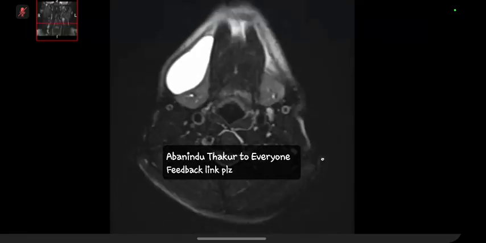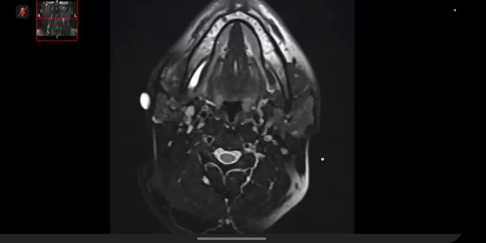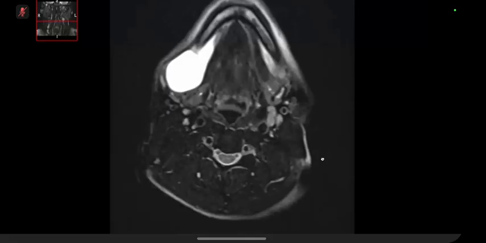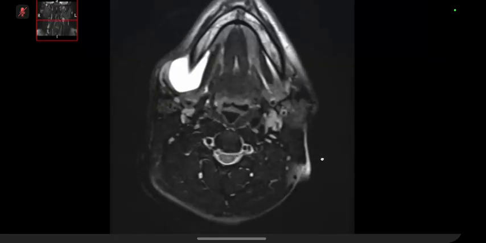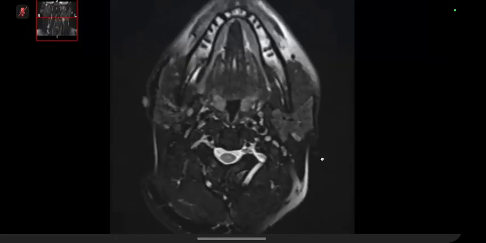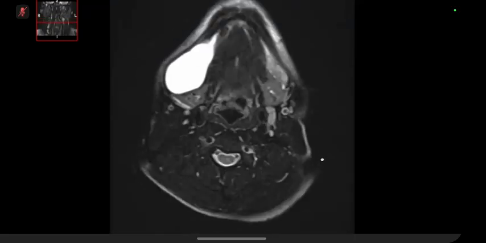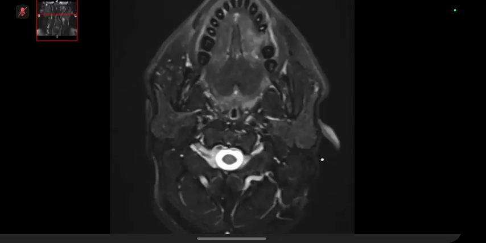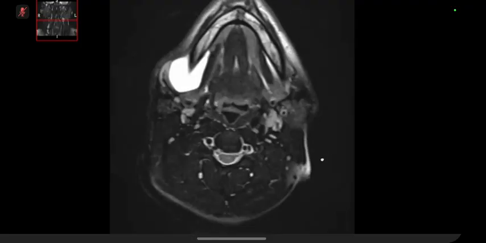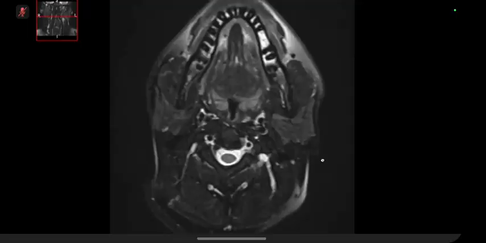It's reaching inferiorly up to the submandibular region on the right side. There are no septations noted within the lesion. I think it's a benign cystic lesion in the floor of the mouth and right submandibular region. I don't see any other lesions or lymph nodes in the neck.